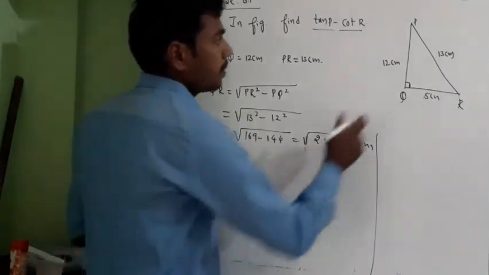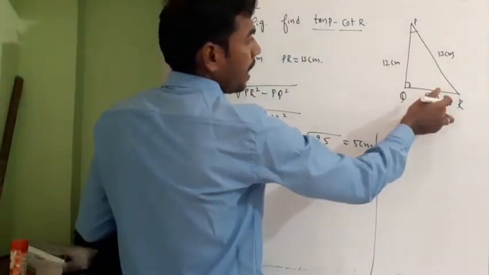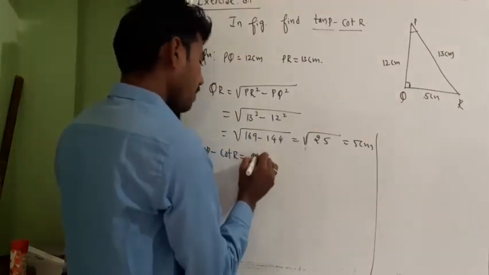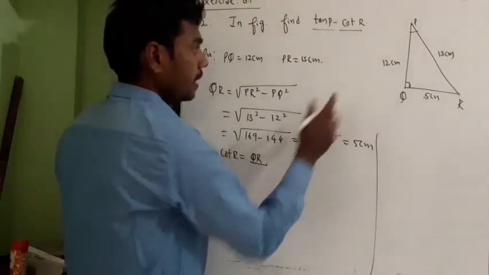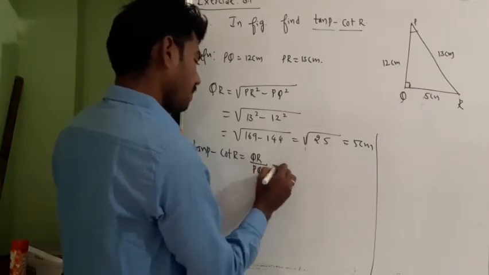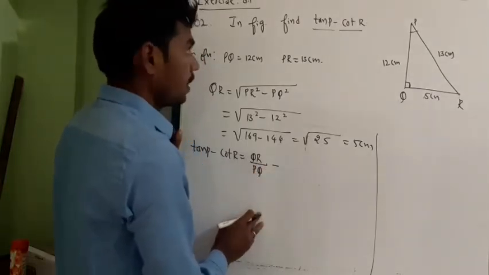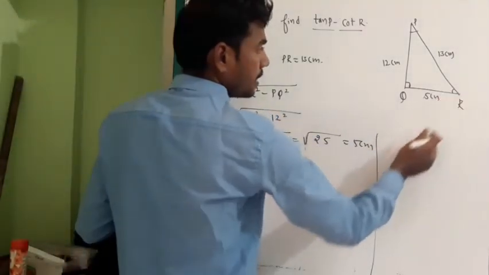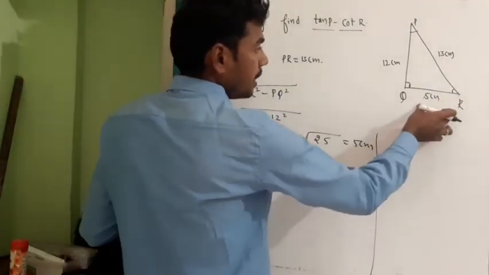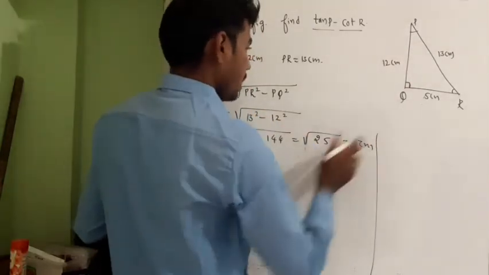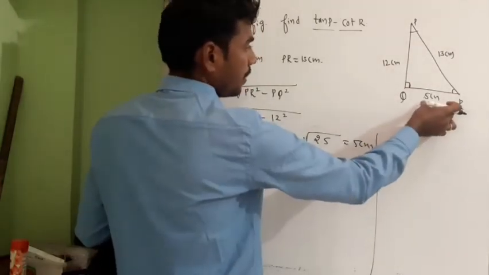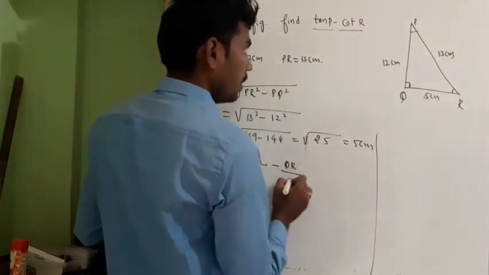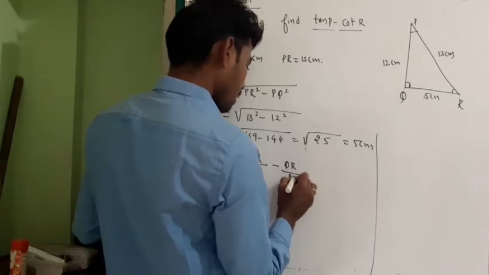What is tan P? Where is P? Opposite by adjacent. Opposite is QR divided by adjacent, which is PQ, that is tan P. Minus cot R. Cot R is nothing but adjacent by opposite. That is QR divided by PQ.